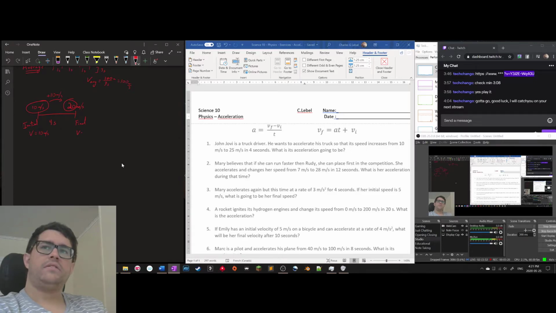The speed at the end will be 20 meters per second. We have to distinguish them because now they're both using the same letter, v and v. They're both velocities. So in physics, when we have the same units, we use the same letter. But this is going to be vi for initial, and this is going to be vf for final.